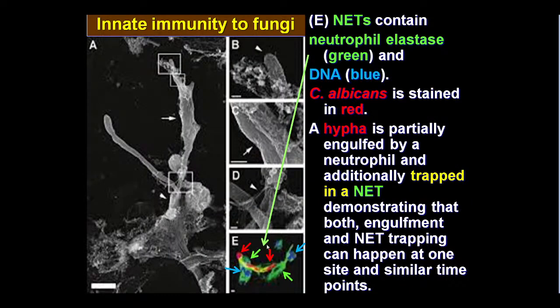What in the square E do you see? You see stained by red the surface of the fungal organism, of the fungal hypha. But by the green color is shown elastase of the neutrophil. A DNA of neutrophil is shown blue. And what is happening?